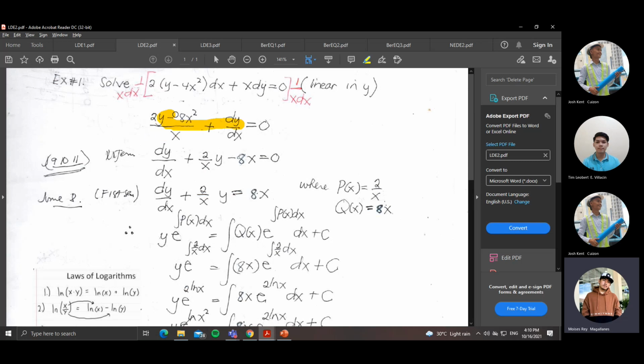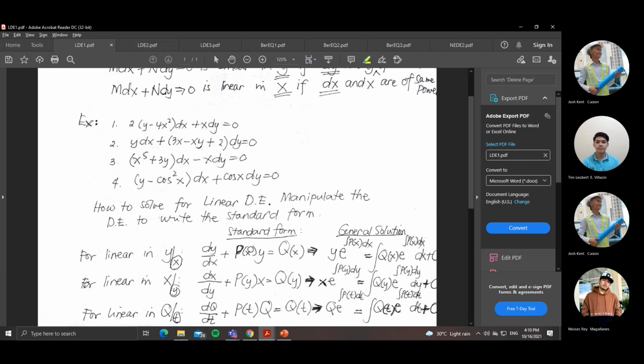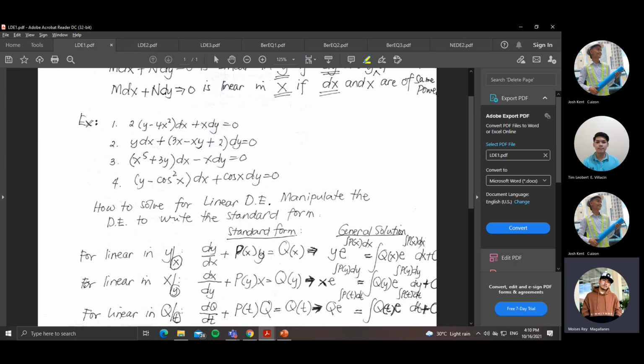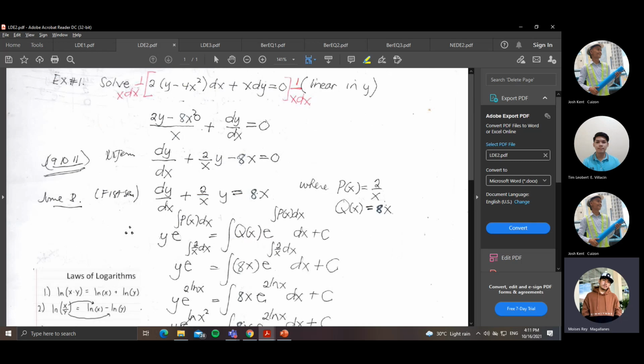Now we can rearrange this to form dy over dx plus p of x times y equals q of x. Notice that our p of x is attached to our dependent variable. Since this is linear in y, we look for the term that has y. So we can assume this is our p of x.